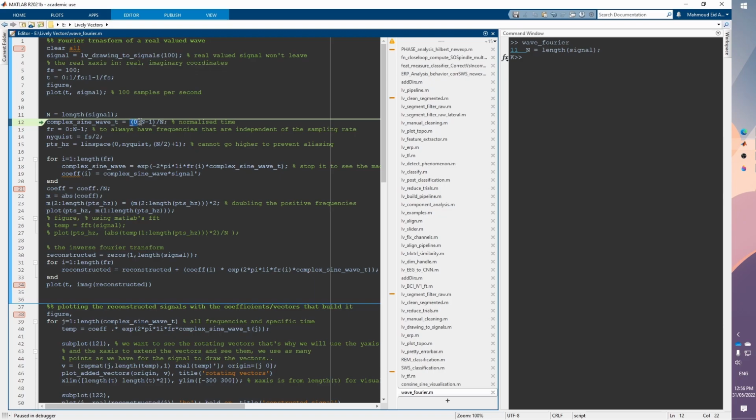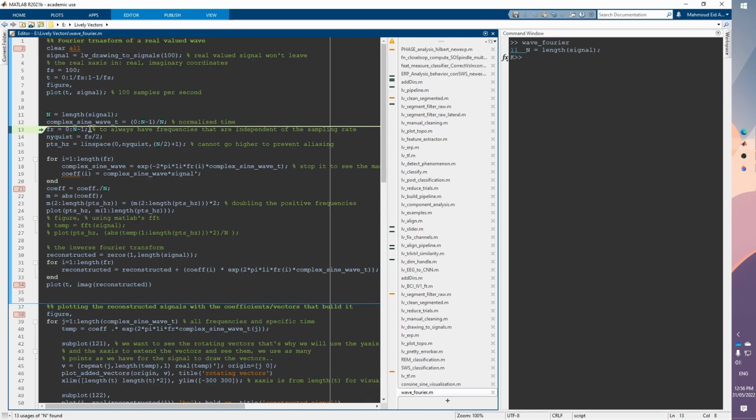We'll always have this number of frequency points covering the whole signal. So we start from 0 frequency, we end up at n-1 frequency points, and we will be looping over the frequencies. So this is just a normalized time, and these are the actual frequency points, and of course we don't need this to depend on the sampling rate, as we said.